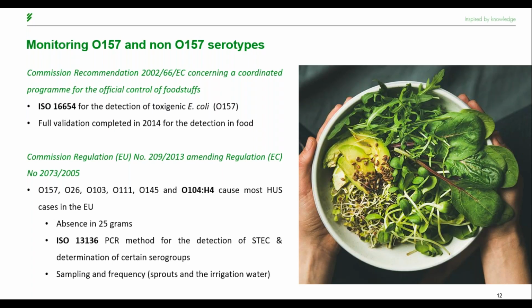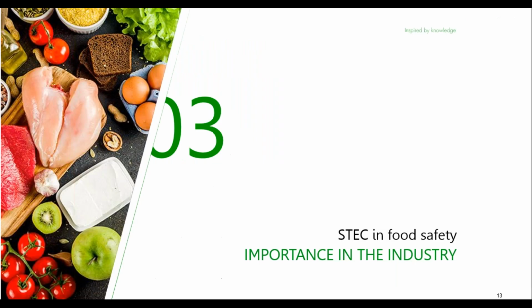Of course, it cannot be excluded that other STEC serogroups may be pathogenic to humans as well. It indicates that there must be absence in 25 grams of produce, and the reference method is ISO 13136, a PCR method for the detection of STEC and the determination of 5 specific serogroups. The sampling includes the irrigation water as well as the sprouts.